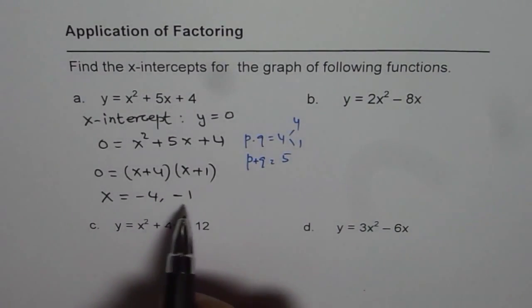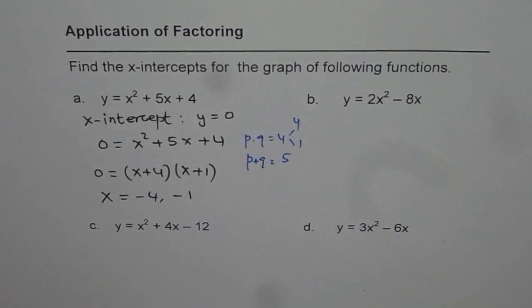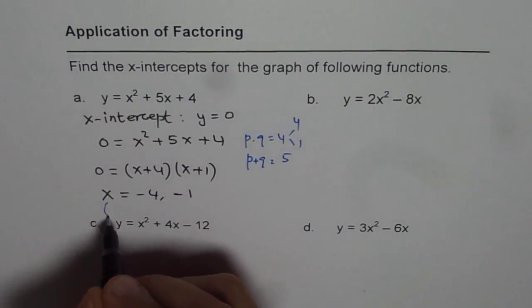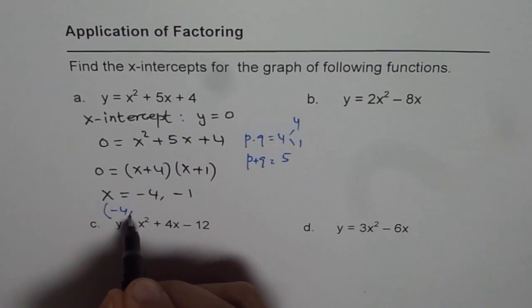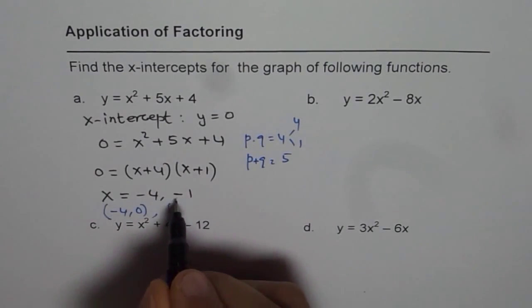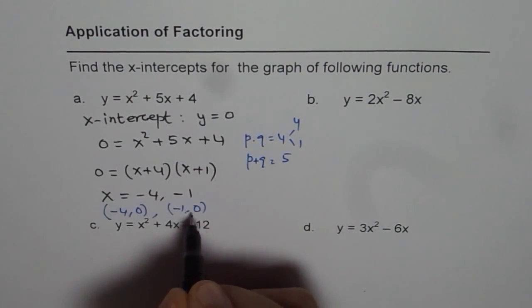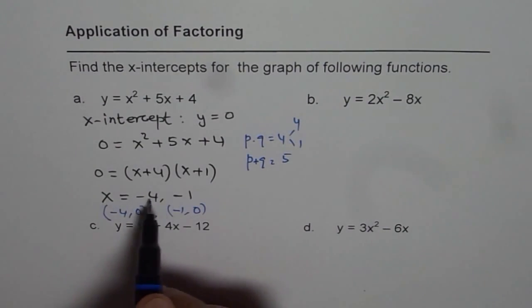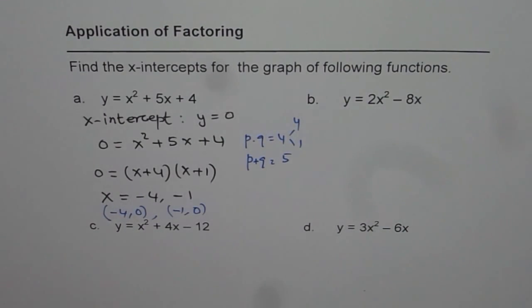So these are the x-intercepts. Basically, the coordinate points here will be: x value will be minus 4, y is going to be 0, and x value will be minus 1, y is 0. So these are the coordinate points, but these are the x-intercepts where x is minus 4 and minus 1. The graph of the function will cross the x-axis.